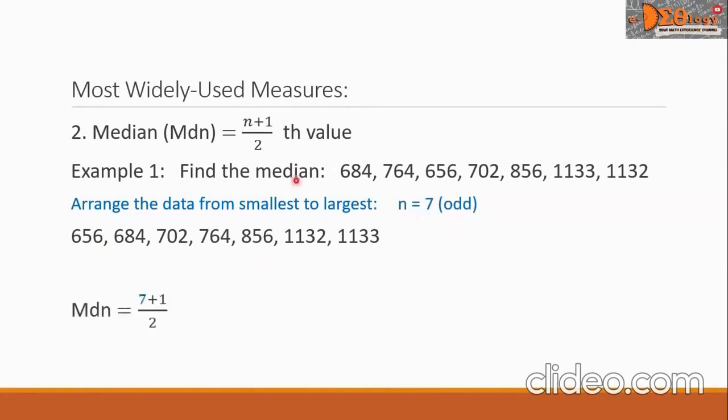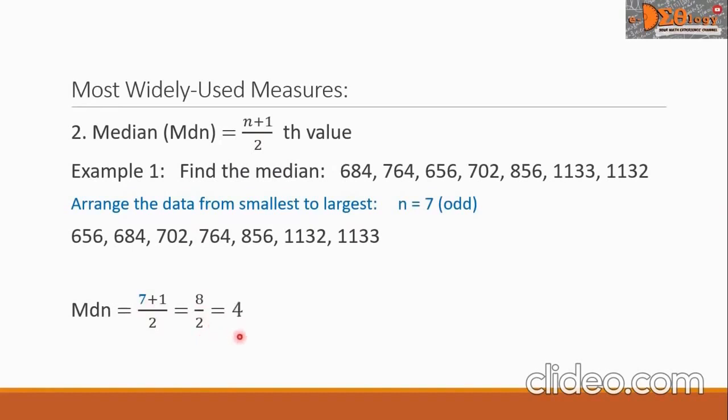Let us now use our formula here. So median equals, the n plus 1 is now 7 plus 1, taken from here, the number 7, over 2. Simplifying this, 7 plus 1 is 8 divided by 2, and this is equal to 4.